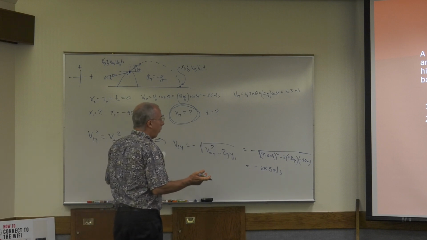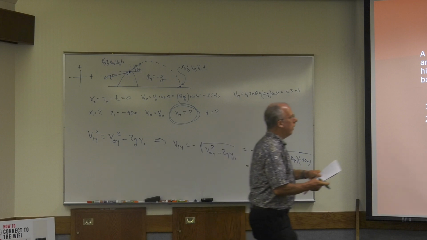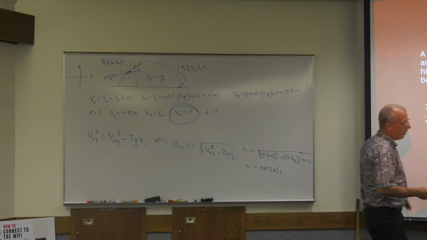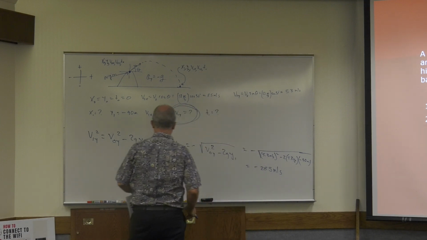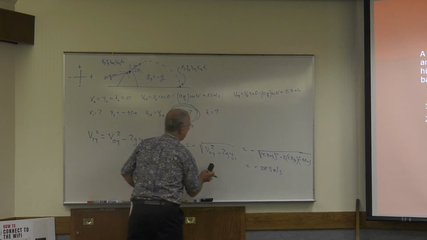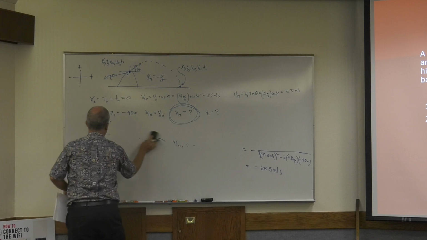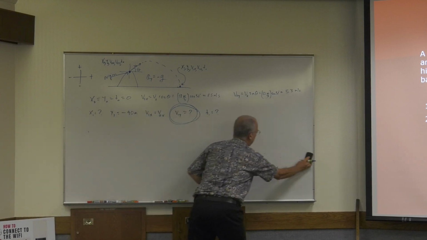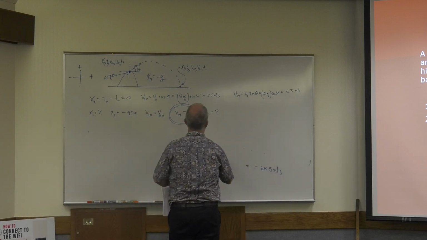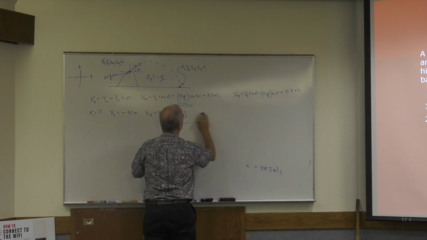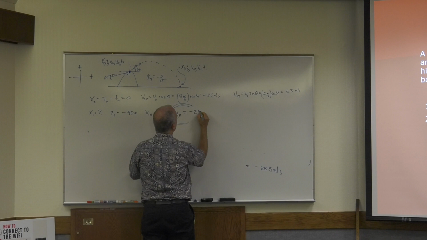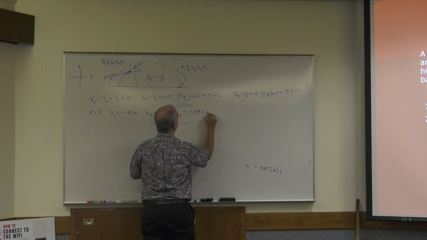Now that's v1y. Well, that's great, but we want to know the final velocity. The final velocity has an x component and a y component, so we are not done yet. This is v1y, so let me write that somewhere. v1y is negative 28.5 meters per second.